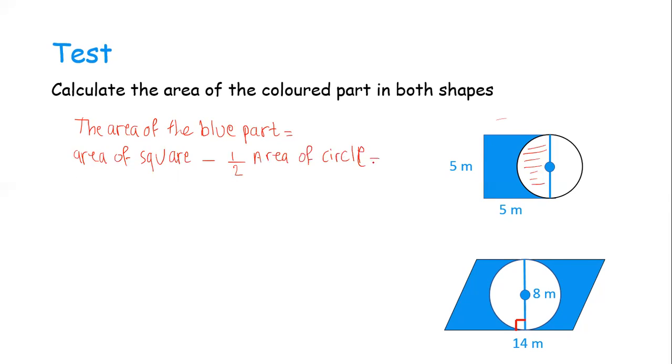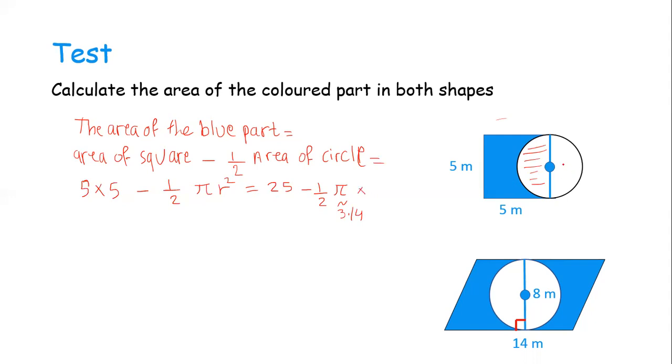And this is equal to the area of the square, 5 multiplied by 5, minus half the area of the circle. The area of the circle, as we just learned, is π multiplied by r squared, and this is equal to 25 minus half multiplied by π, which is approximately 3.14, multiplied by r squared.